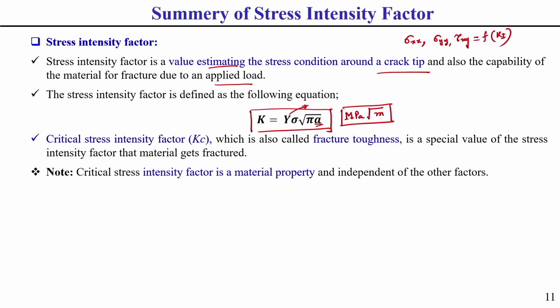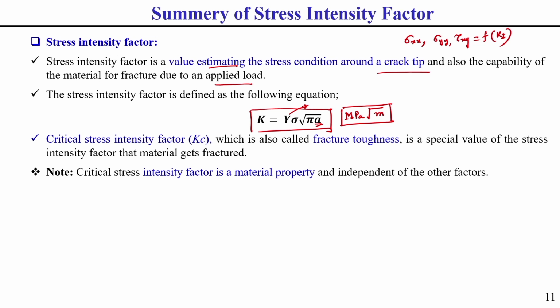Now, what is the critical stress intensity factor? The critical stress intensity factor is that factor when the crack length becomes critical, and at that critical crack length the component is not able to sustain further load and catastrophic failure takes place.